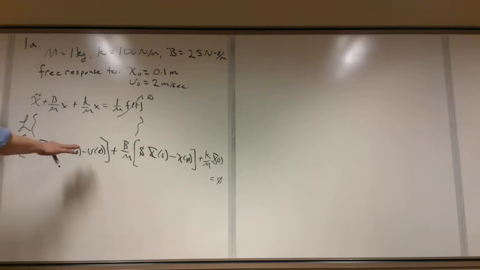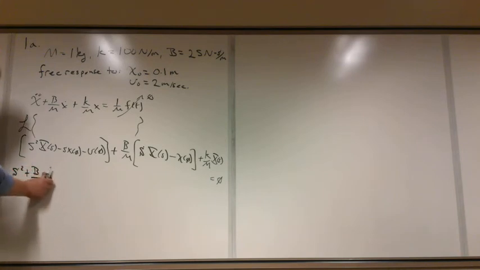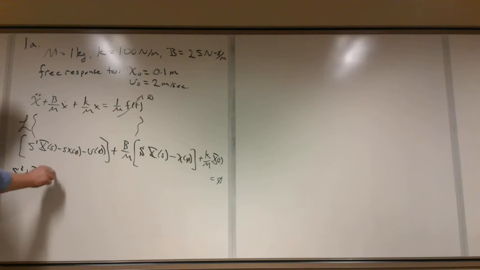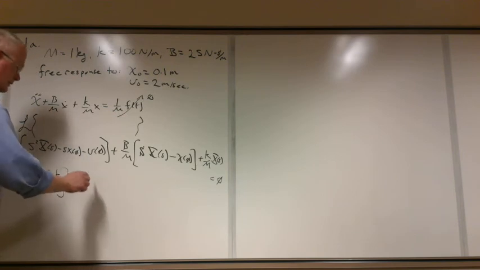The point here is this. We're going to group terms and solve for x of s. Well, you have s squared plus b over m s plus k over m times x of s plus, what do we have?